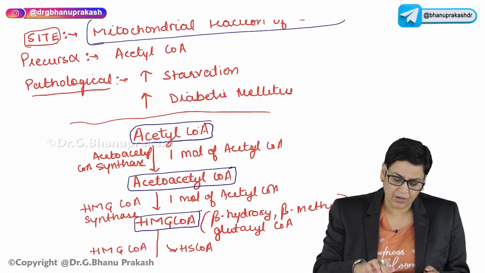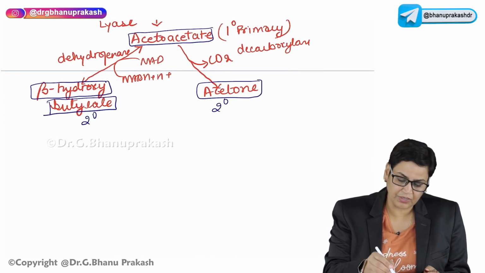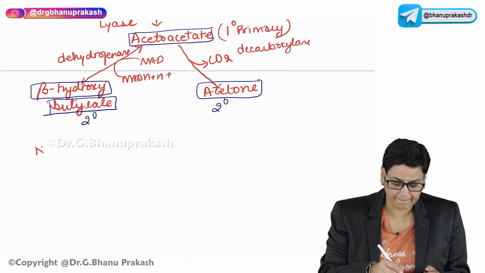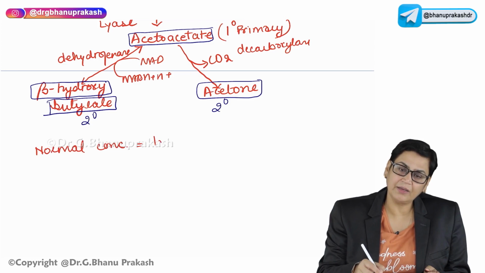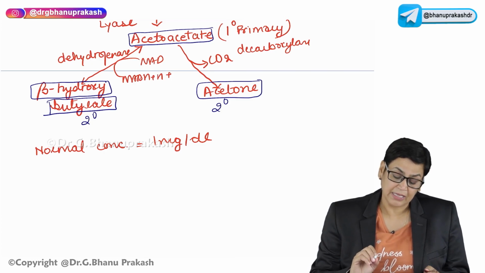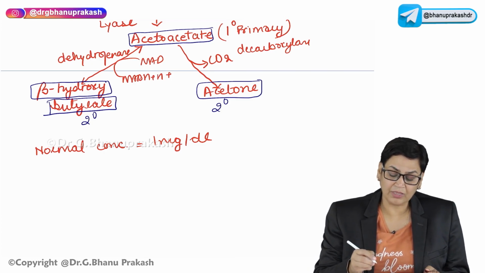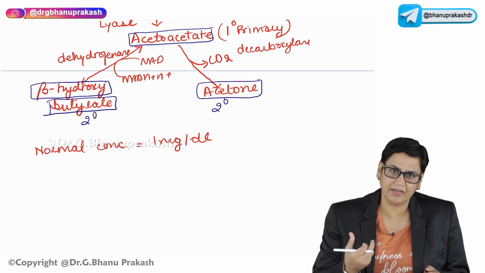Now, the normal concentration of ketone bodies is 1 milligram per dl. It is also excreted in urine, but it is insignificant. So this is the normal concentration.